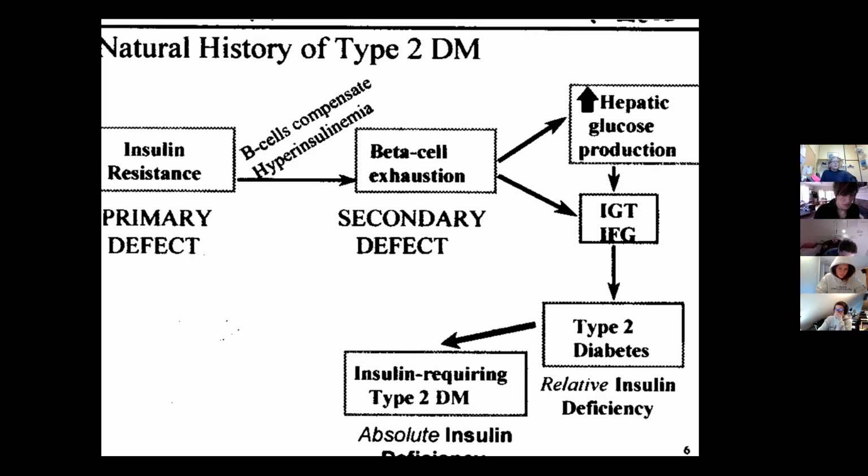That insulin resistance results in the beta cells producing more insulin. So the beta cells compensate by developing hyperinsulinemia. The beta cells are still healthy, they can produce insulin. And as blood glucose starts to climb, the beta cells respond by producing more insulin.